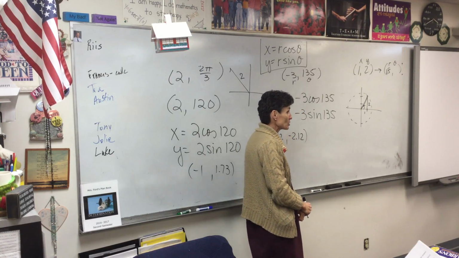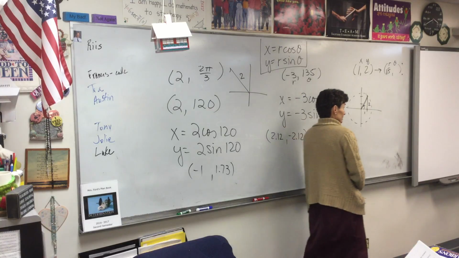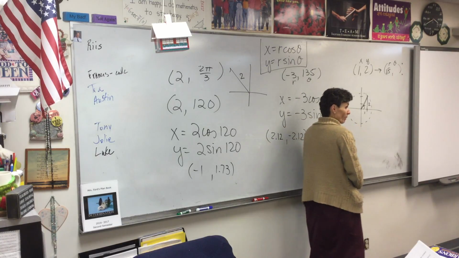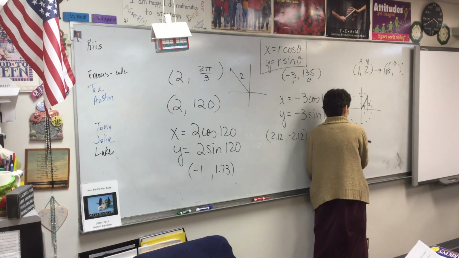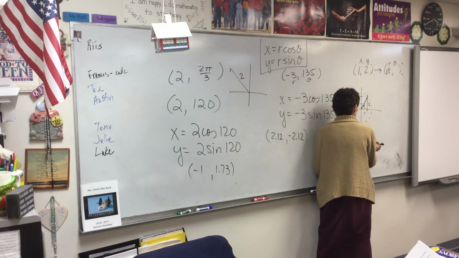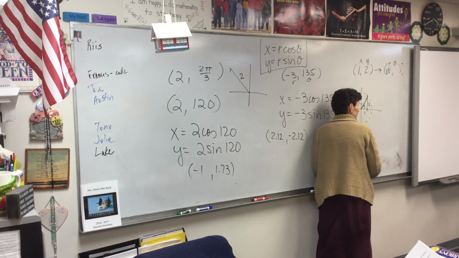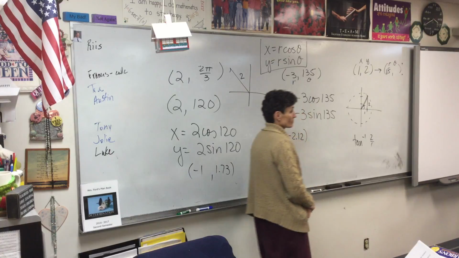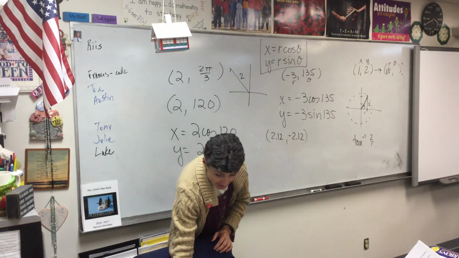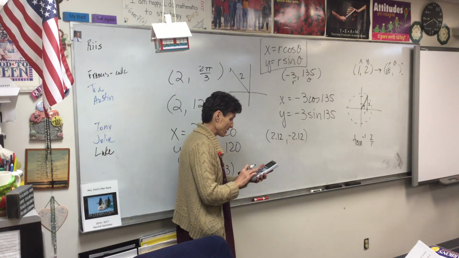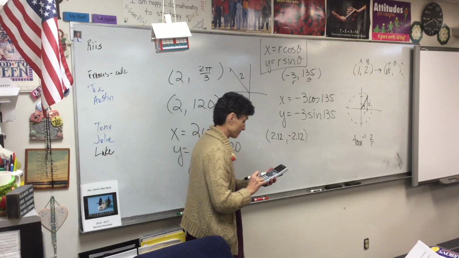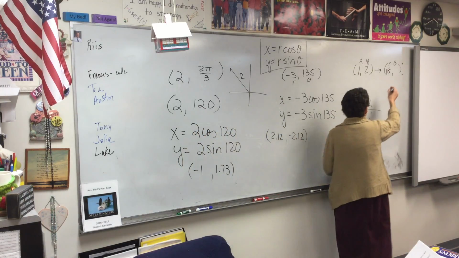How do we find the direction angle? We need our calculator. We need to press a special button. What is it? Inverse tangent of 2/1. And that gives us that angle, which is 63.43.